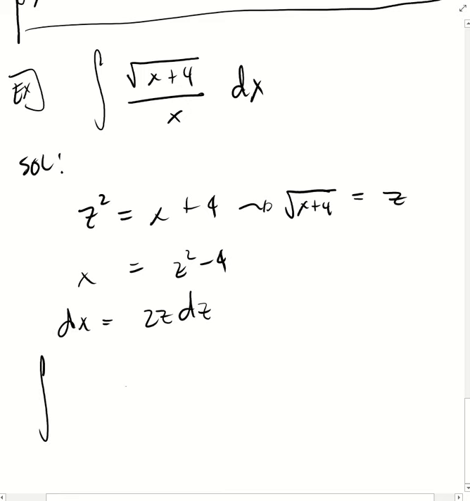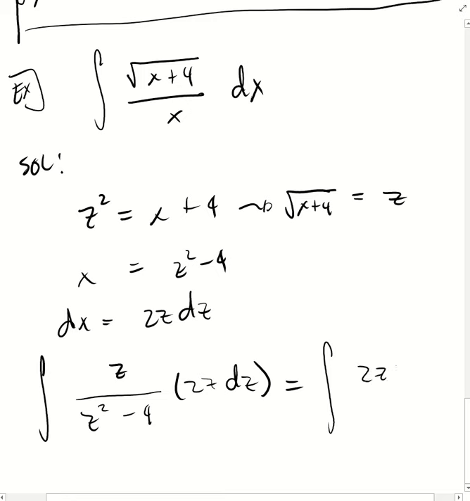So the integral of square root of x plus 4, that is z, all over x. Our x is z squared minus 4. Then you multiply it with dx, which is 2z dz. Then simplify this. This will be the integral of 2z times z squared all over z squared minus 4 dz.